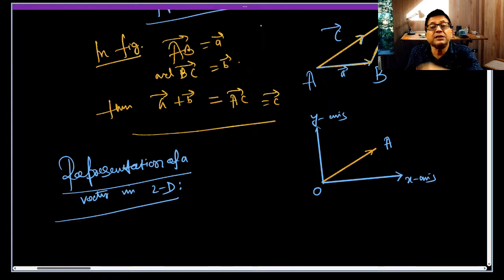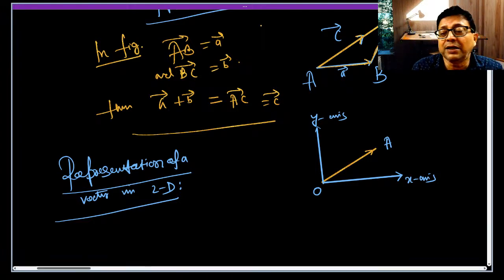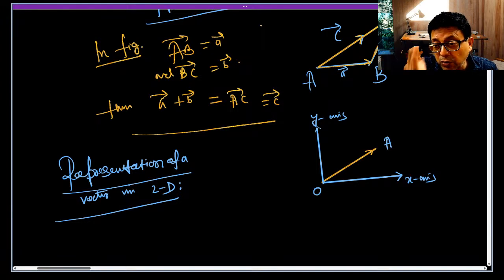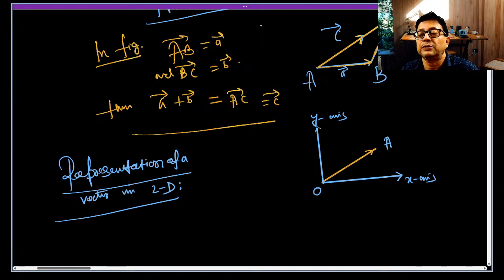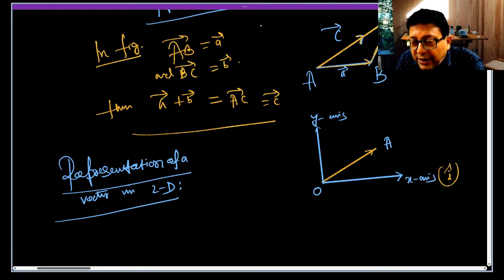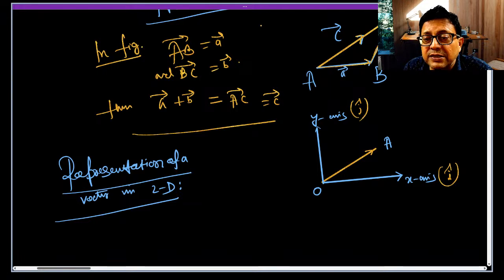But here, as it is in two dimension, if I tell you represent this one along x-axis, that you can do. Just take a unit vector along x-axis and multiply by its magnitude. But in 2D, you have to see that it is somehow directed along y-axis also, or in between these two. So that only along x-axis will not work. Better we think about unit vector along x-axis and unit vectors along y-axis.